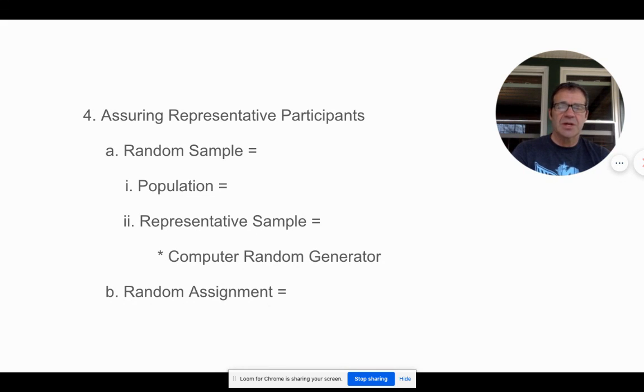Only in experiments. And random assignment is, once we have our sample, the participants need to have an equal chance of either being in the experimental group or the control group.